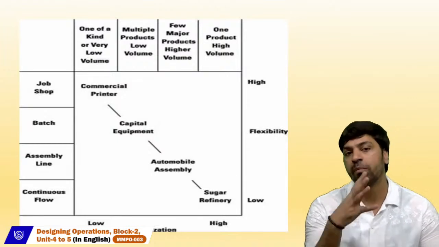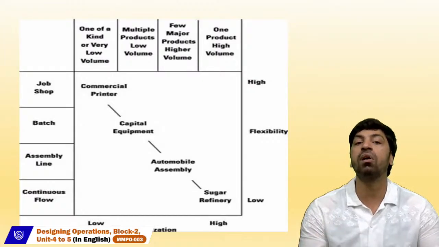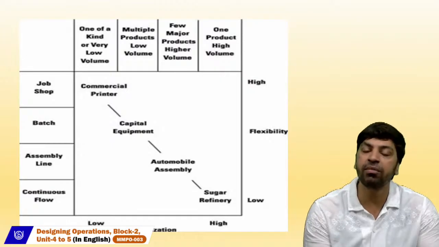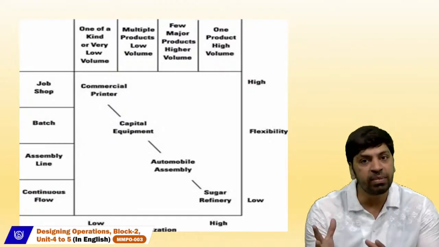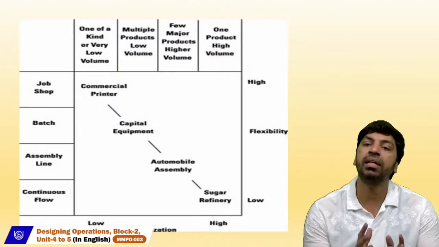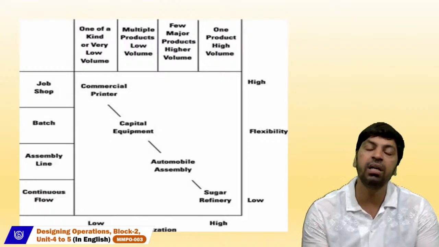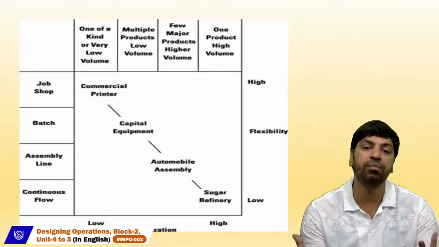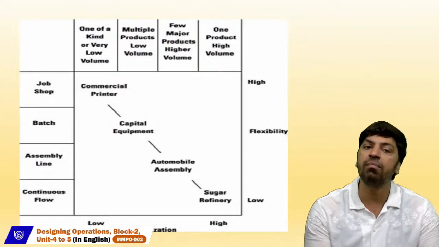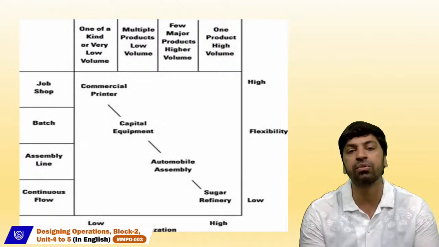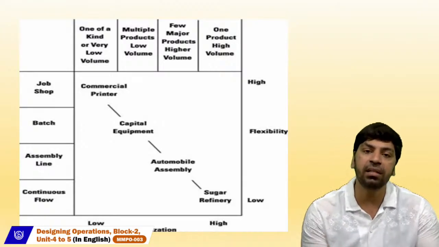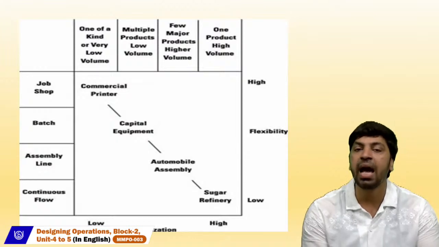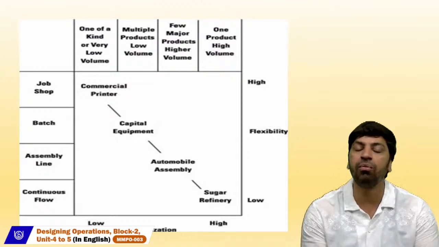So when we talk about job, we always talk about high flexibility or high quality, etc. But when we talk about batch, more flexibility can again be seen. When we talk about the continuous process, it is in a low category where the specifications are also mentioned as low and high.